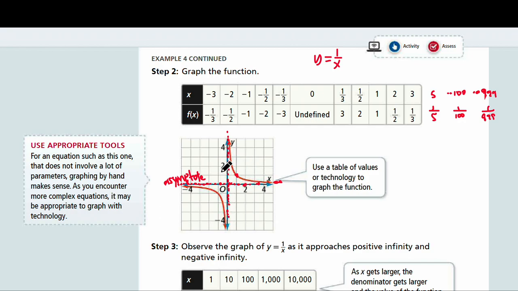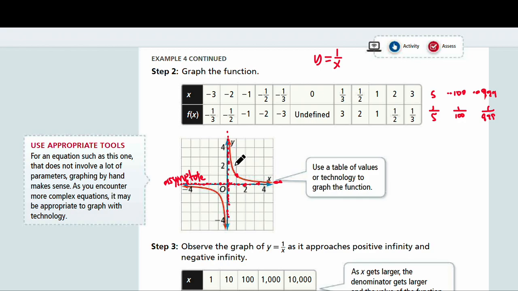Okay, in the same way, your negative values for x will also have the same shape. So follow these numbers one by one and try to understand what's happening here. This is called the inverse relationship or the reciprocal function 1 over x.